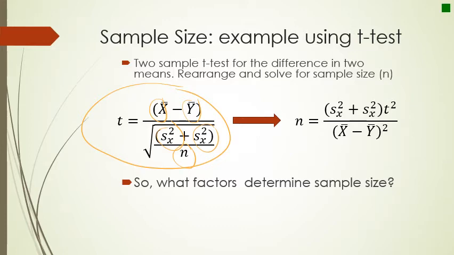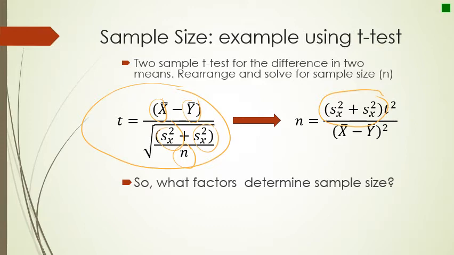And this tells us right away the factors that influence sample size. So one thing we see in the numerator of this equation are the variances for the two samples that we collected. So as those variances increase for a given effect size that you're interested in, your sample size will have to increase.